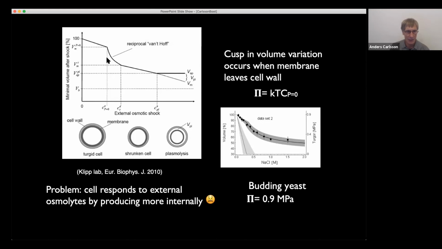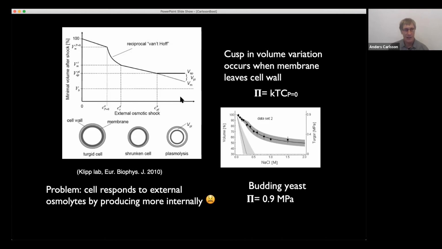And that's the point where you've added just enough to counter the initial excess on the inside. And here's some actual data for that. So this is for yeast, and here's the curve, and you find that if you go down to that point, that gives an osmotic pressure of almost a megapascal.